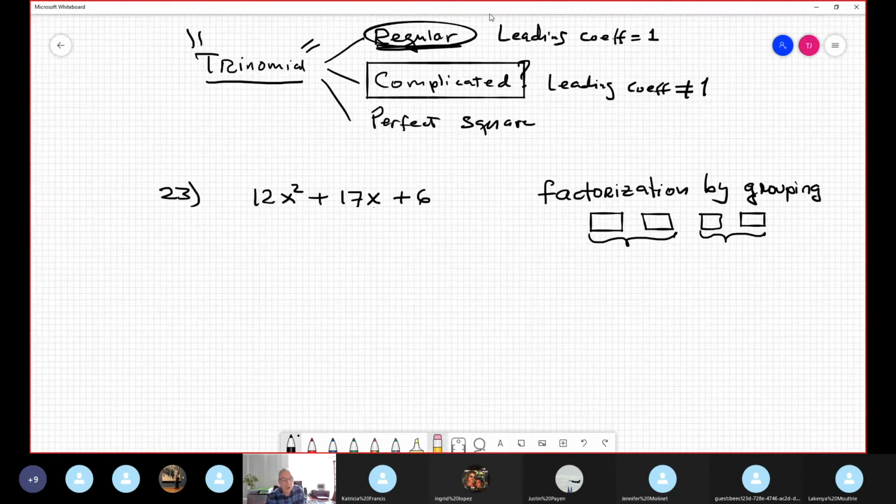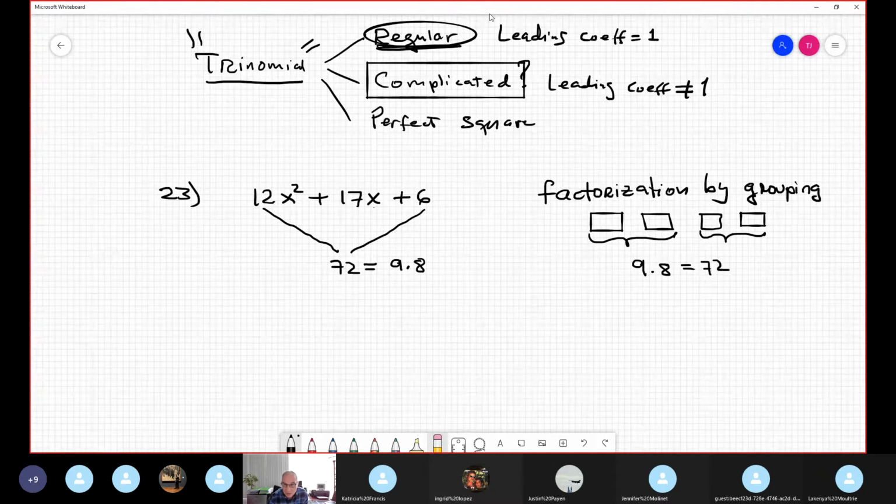Look, you multiply this number, the first one and the last, and you put it in a calculator. That's 72. And you focus on the factors of 72 that somehow give me 17. And there I discover that 9 times 8 is 72, and somehow 9 plus 8 is 17.